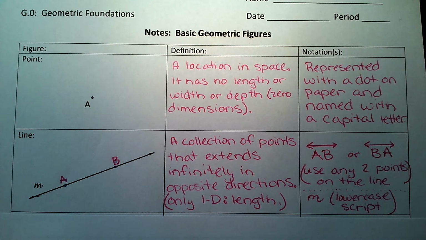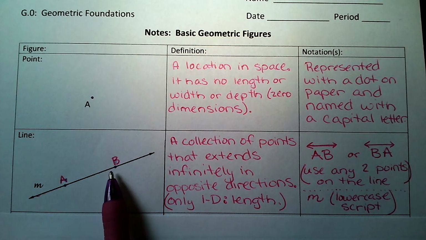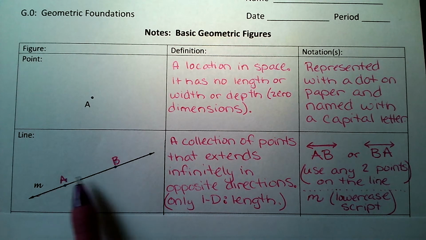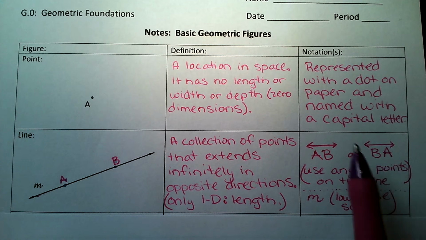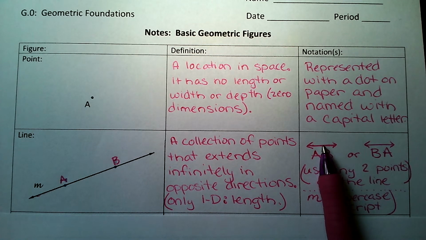When we write up a line, we use any 2 points on the line. Here in this picture, I have the point A, there's that capital letter and a little dot A, and the point B, the capital letter, little dot B. These are the 2 points I've designated on this line. You can use them in any order as long as you have the double arrowhead on top.